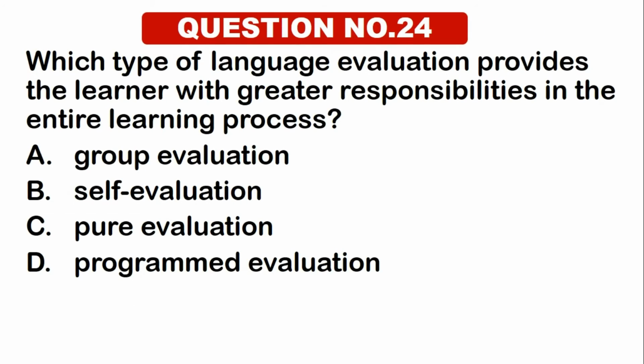Number 24. Which type of language evaluation provides the learner with greater responsibilities in the entire learning process? A. Group evaluation. B. Self-evaluation. C. Pure evaluation. D. Programmed evaluation. Again, which type of language evaluation provides the learner with greater responsibilities in the entire learning process?